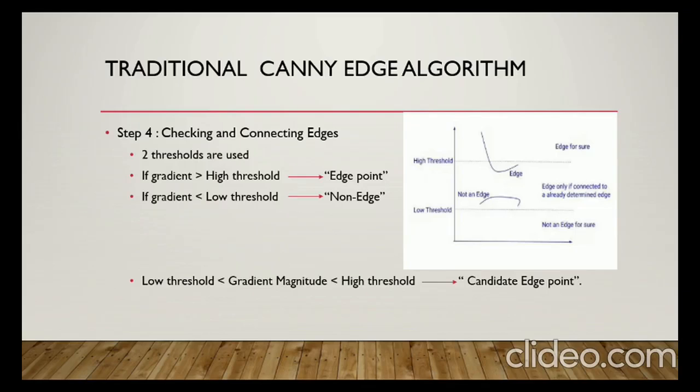Using this step we can find the edges. So these are the 4 steps in the traditional Canny edge algorithm, and after that we are going to discuss some of the problems related to this traditional Canny edge algorithm.